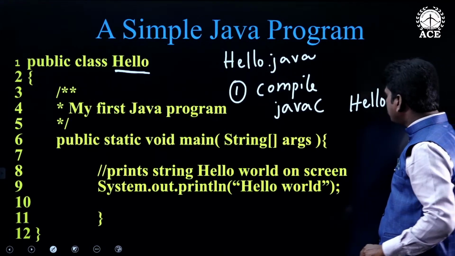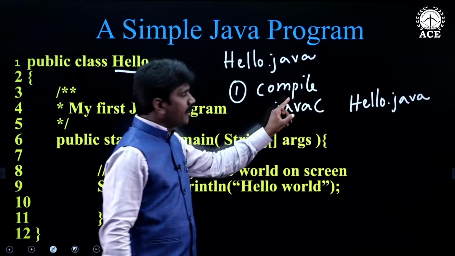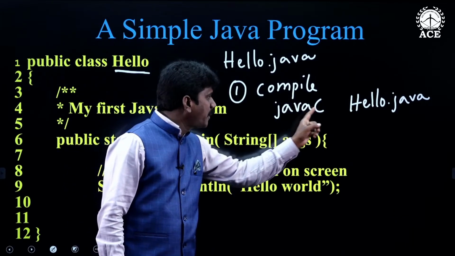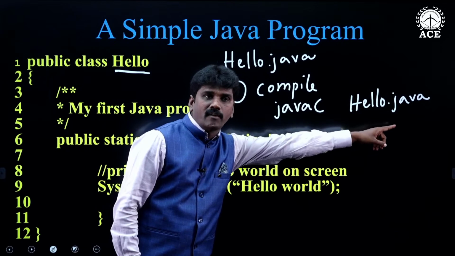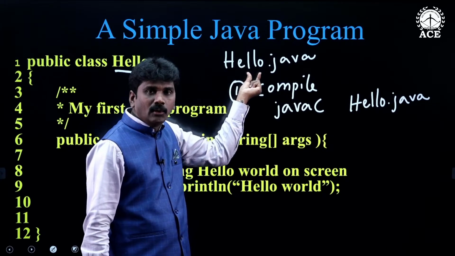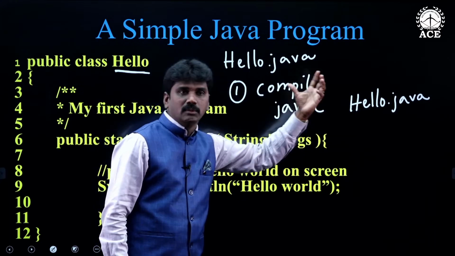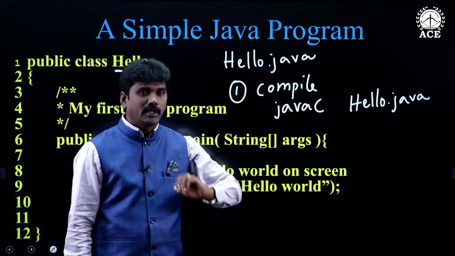For compilation of the Java program, I have taken javac space file name.java. Our file name is hello with the extension .java. The same thing we have to use while compiling the program.